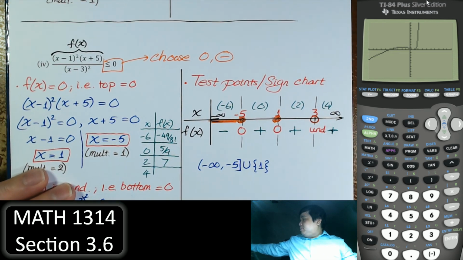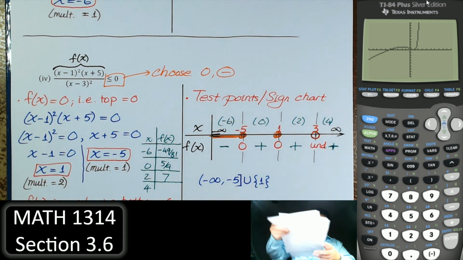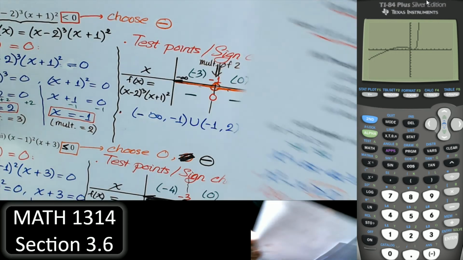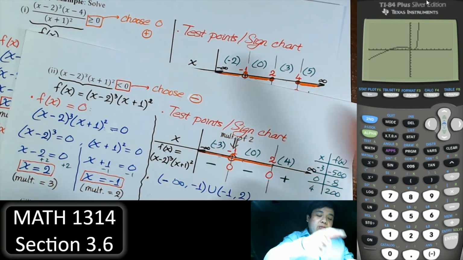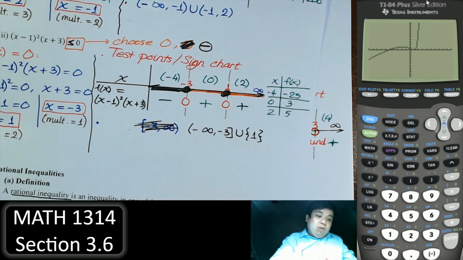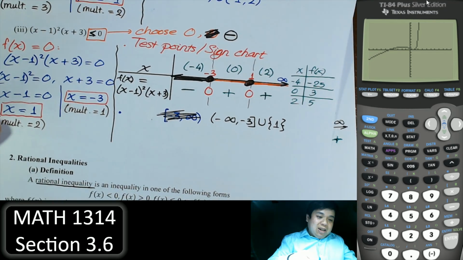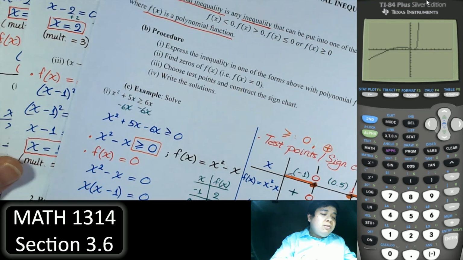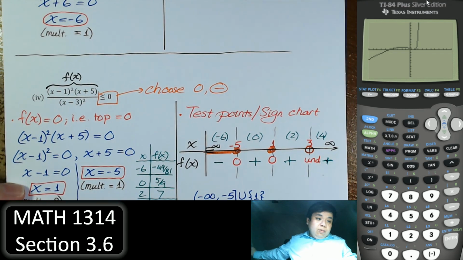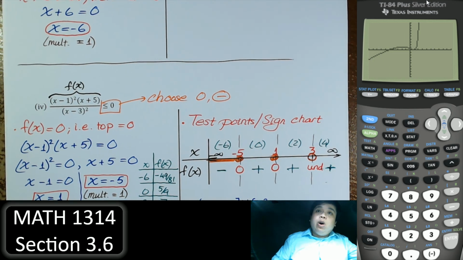And finally, just go back to the problem. Greater than or equal to 0 means positive or 0. Less than 0, negative. Less than or equal to 0, 0 or negative. That's all I want to cover in this section.